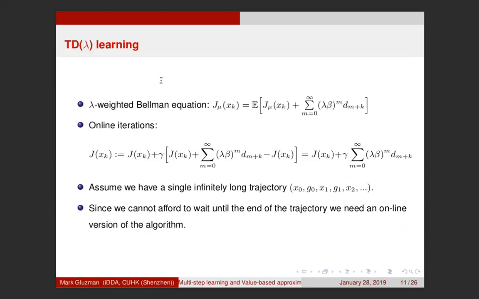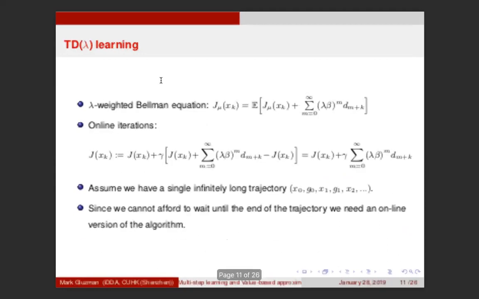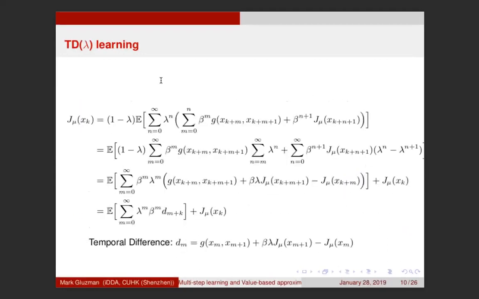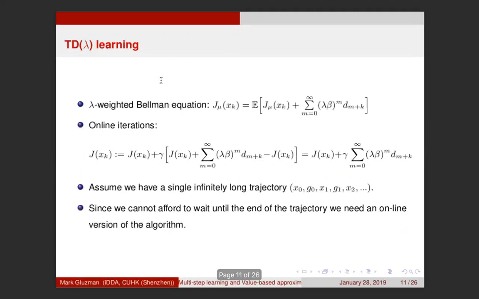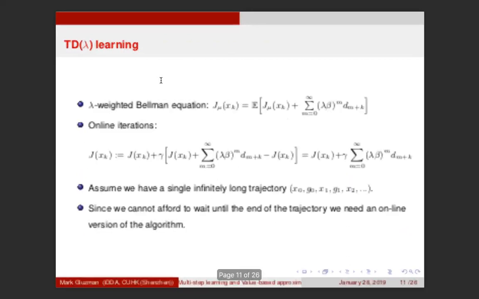So instead of summing up until infinity, we want to sum as many temporal differences as we have iterations.